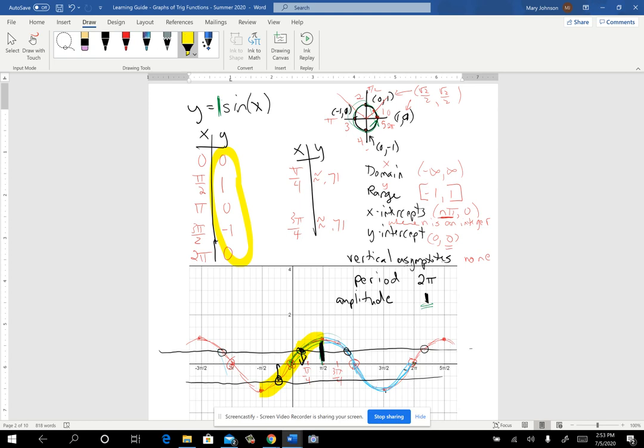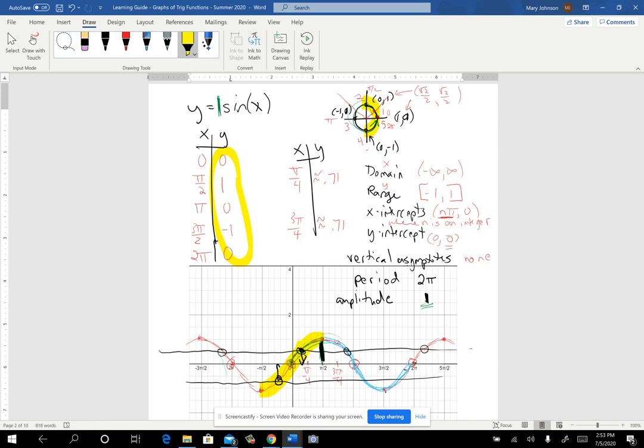What's going to happen on your calculator is restricted. It has the same agreement. It is going to give you an angle somewhere between negative pi over 2, that would be here, and pi over 2, which would be there. Okay? So it'd be in the first and the fourth quadrants.